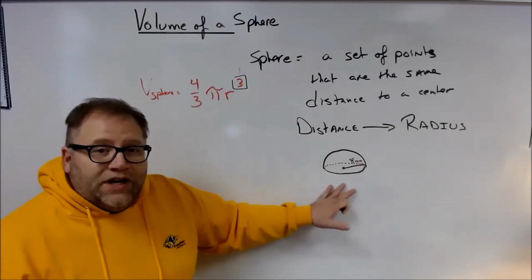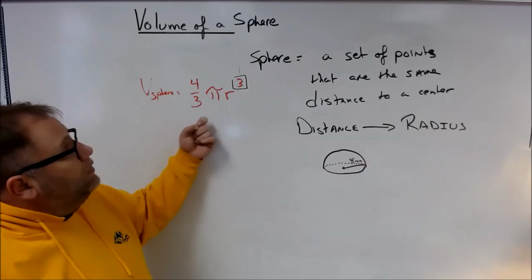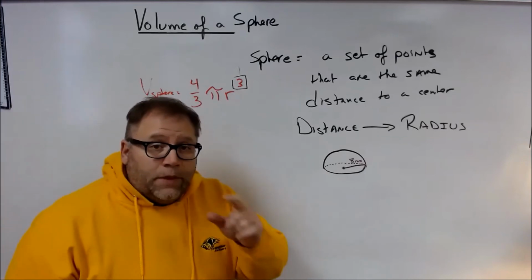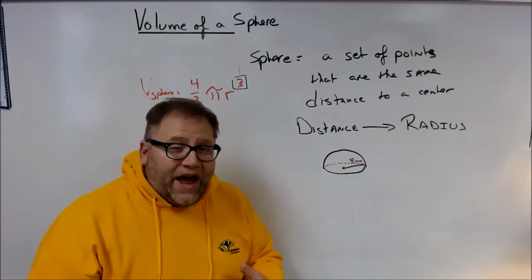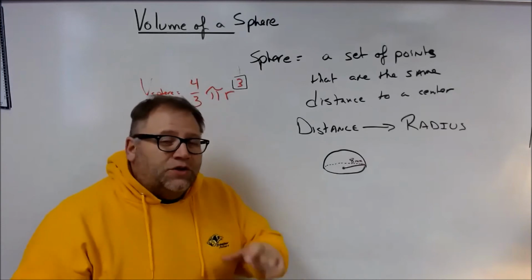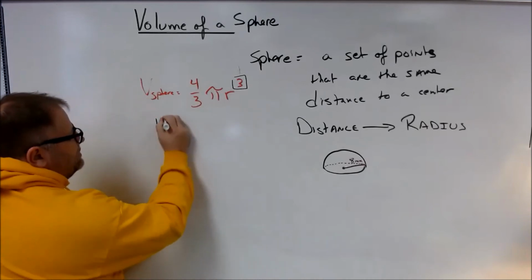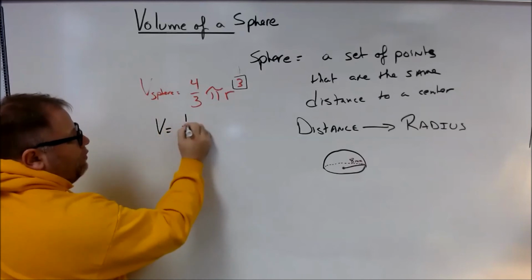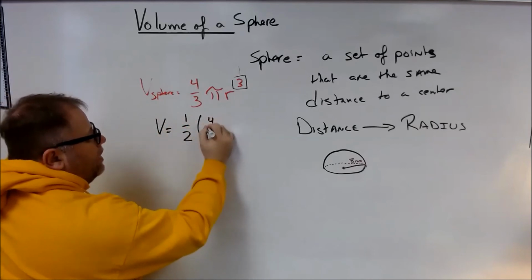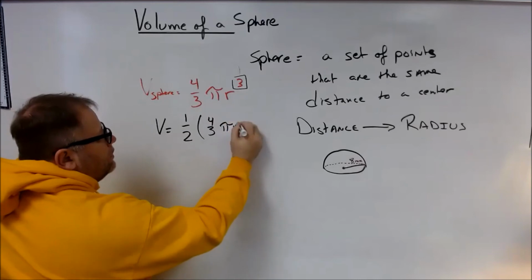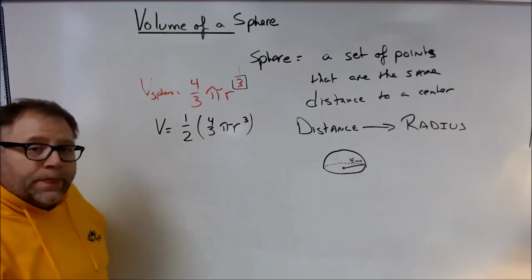Now the hemisphere is the same formula as a sphere, but we're also going to multiply it by a half. Some people tell you to just divide by 2. I'm going to tell you to multiply by a half, just because I want to be consistent in my message. So this is going to be 1/2 of the formula for a sphere.